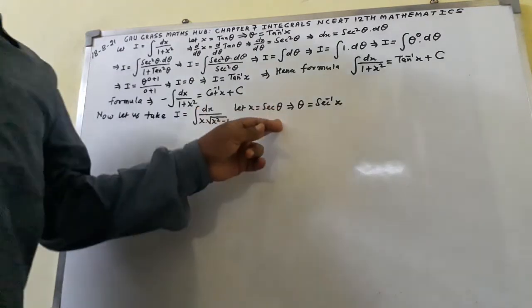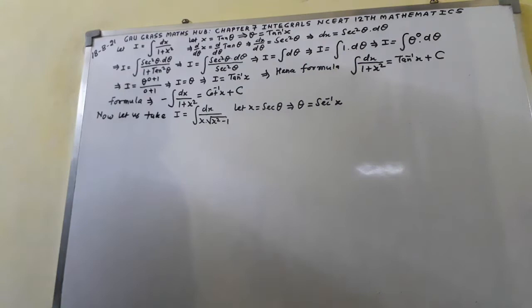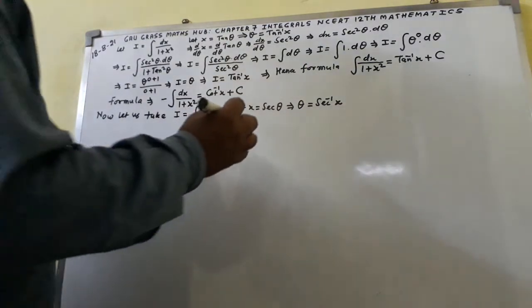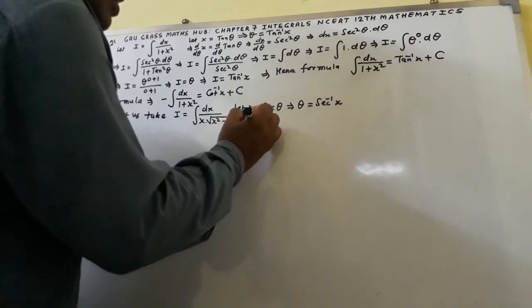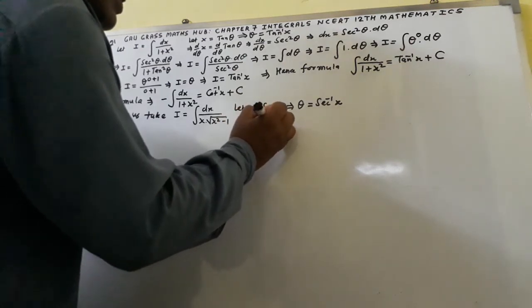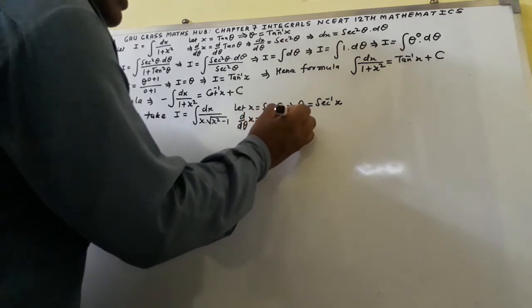Now again I shall write d over d theta of x equals d over d theta of sec theta.